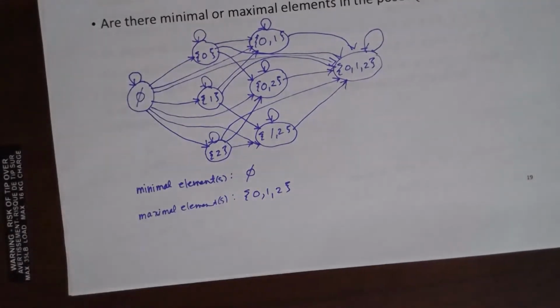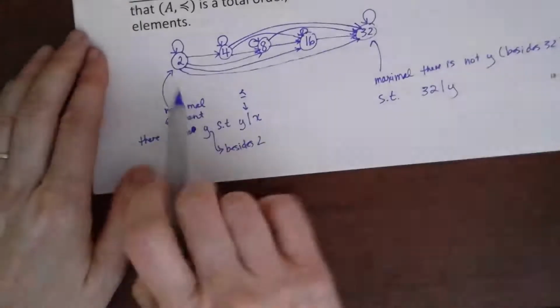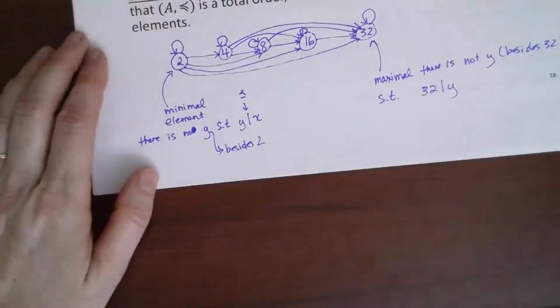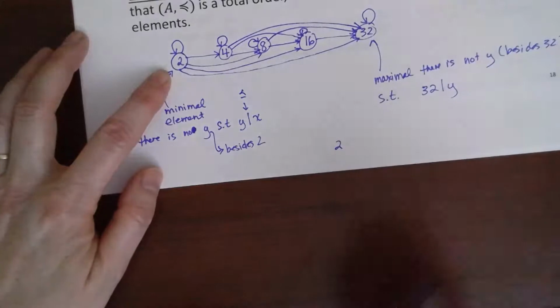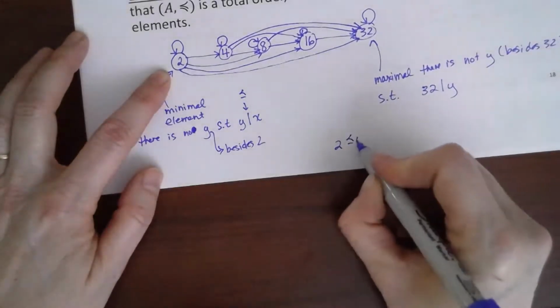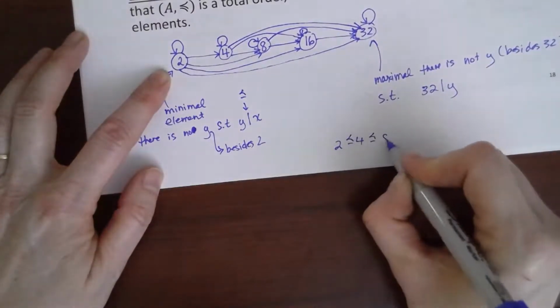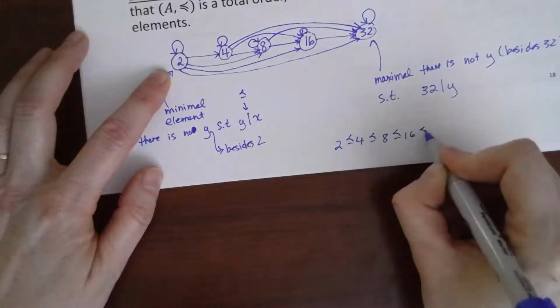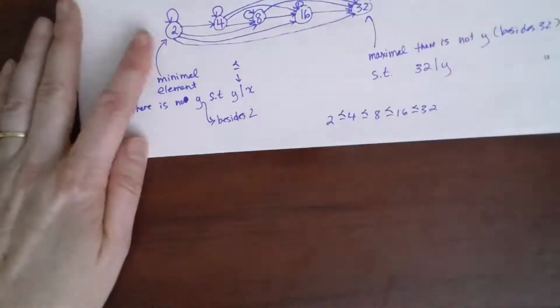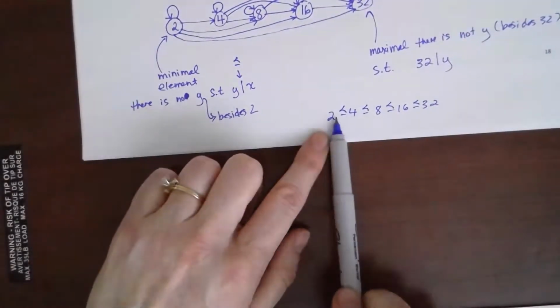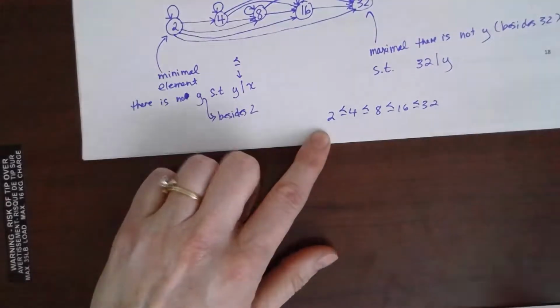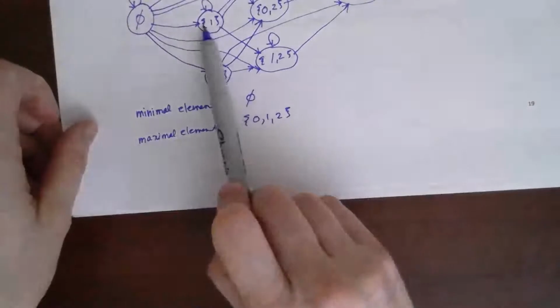Notice with a total order like this, we could set up a hierarchy where we go, oh, well, 2 is comparable to 4, is comparable to 8, is comparable to 16, and they can all go in a straight line. We can't do that with this one because some of these things aren't comparable.